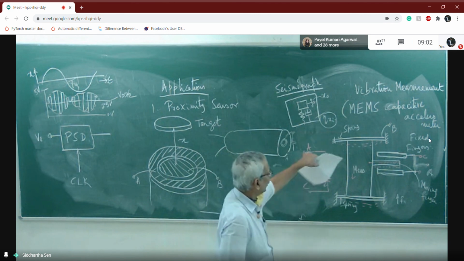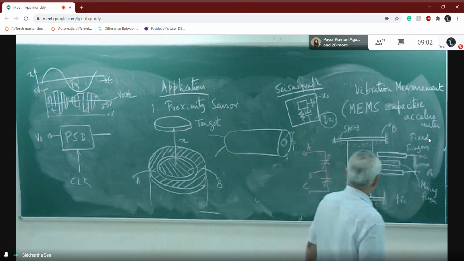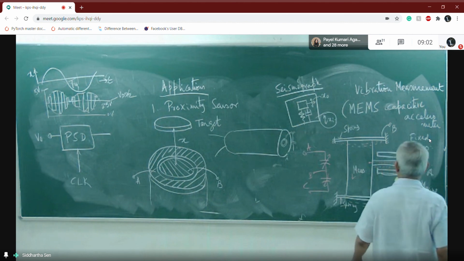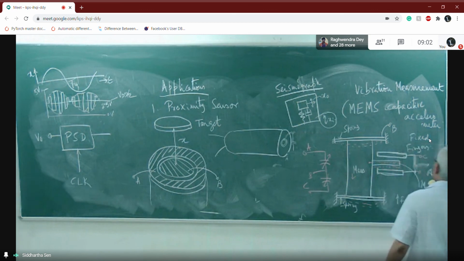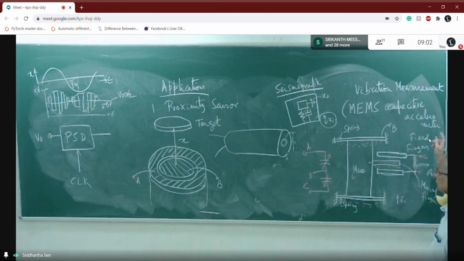These are all very small, less than a millimeter in size, and the gap between them is around 2 to 2.5 micrometers. Using a capacitive sensor, the change in capacitance is at the femtofarad level. You can have a MEMS capacitive accelerometer. We'll be studying these things afterwards. Using this capacitance, we can have a number of things here.